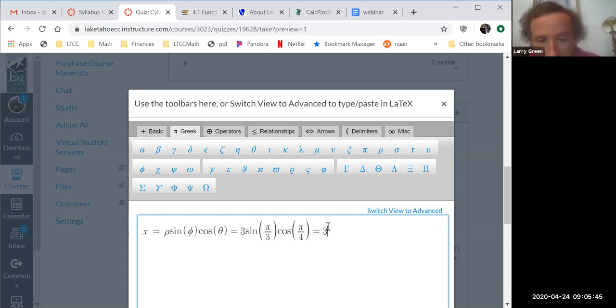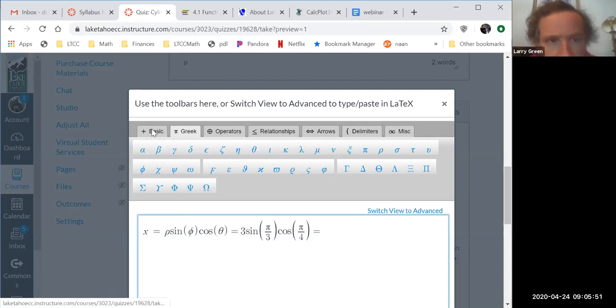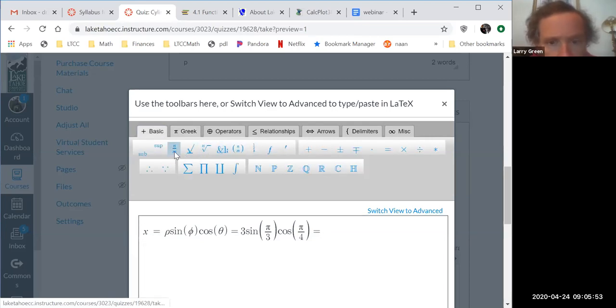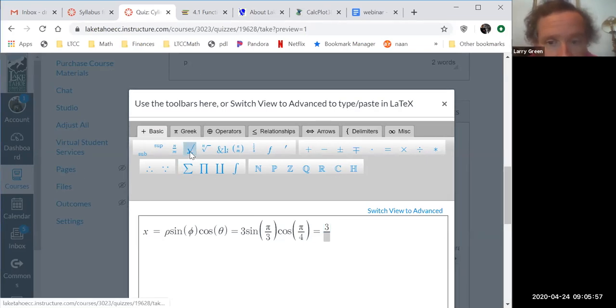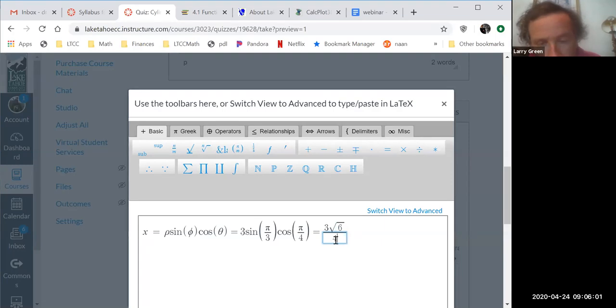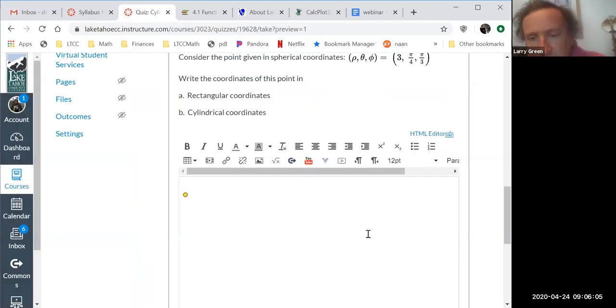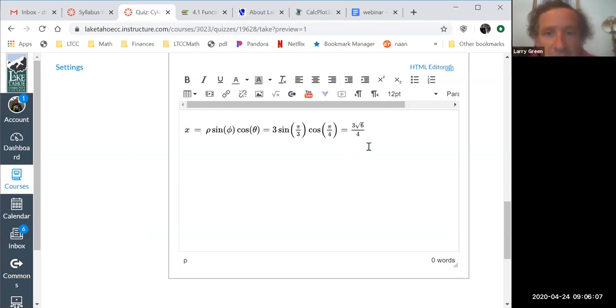So we get 3 times the square root of 6 over 4. Any questions so far?